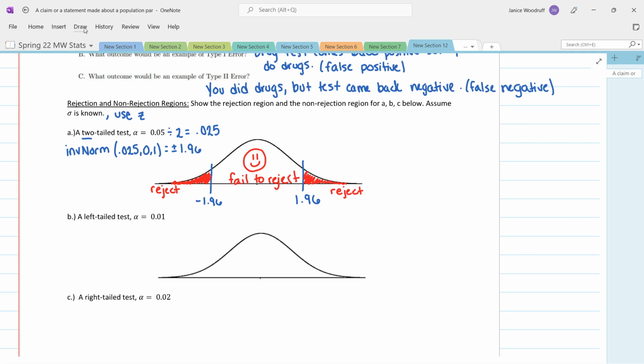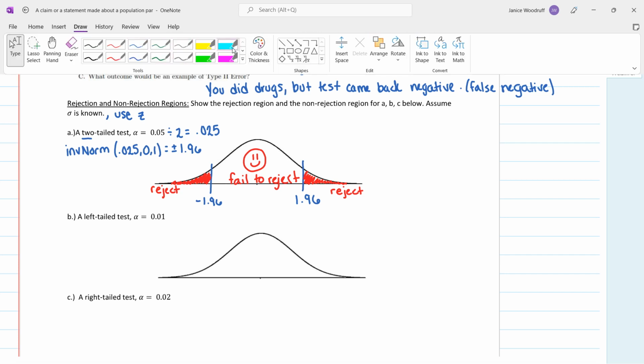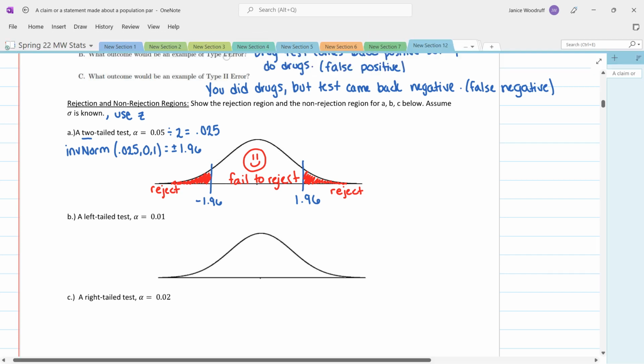Okay, now if we were doing a left-tailed test with a rejection region 0.01, okay, that's left, so left side of here is 0.01. So over here, 0.01. So we would just do inverse norm, 0.01, 0, and 1.